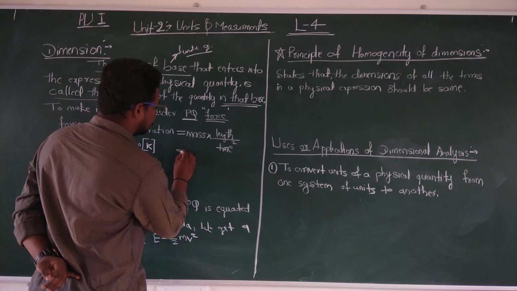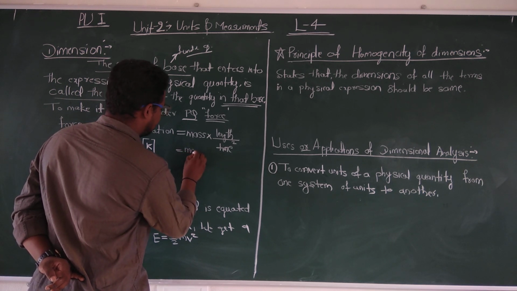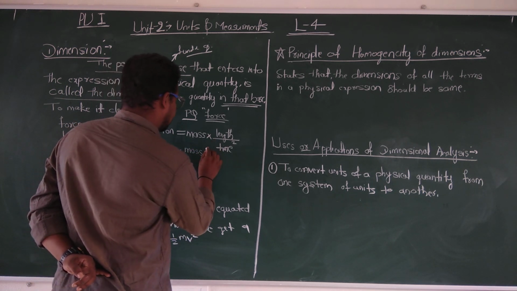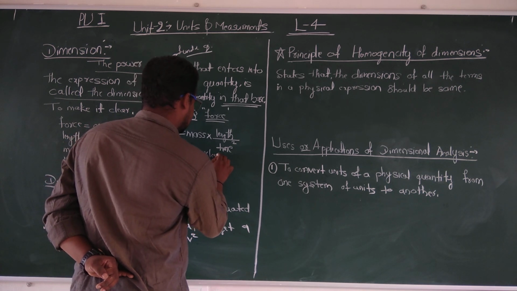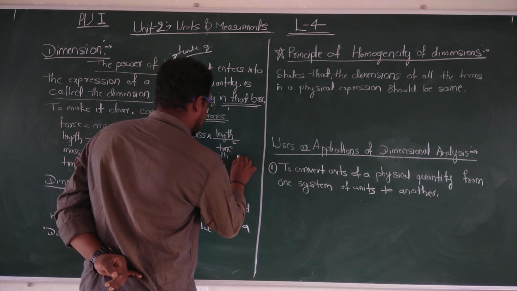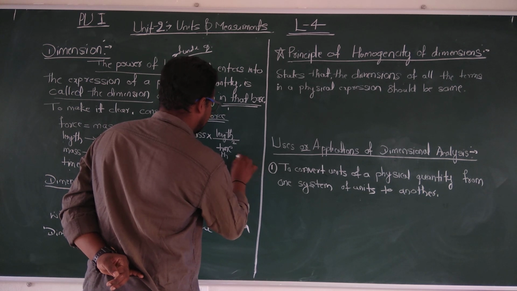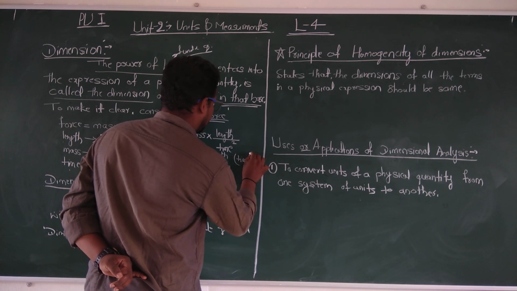So here is the mass, the length as it is, and time comes out as time to the power minus 2.